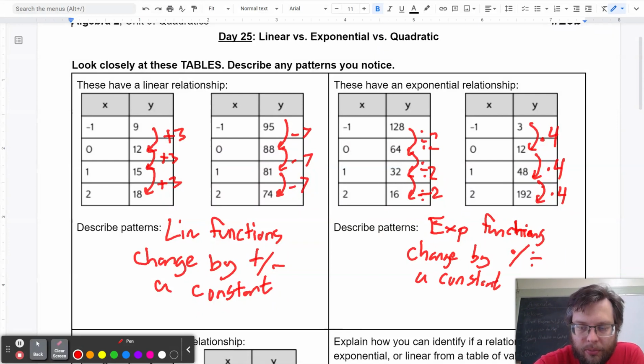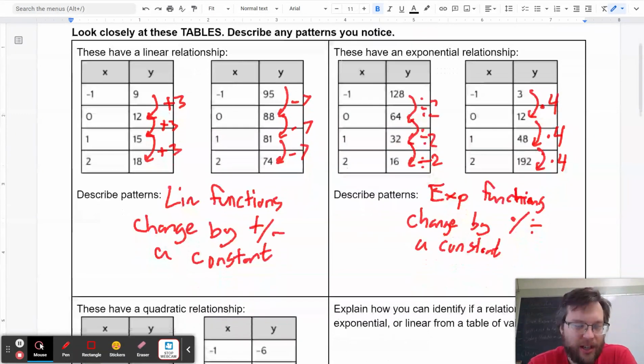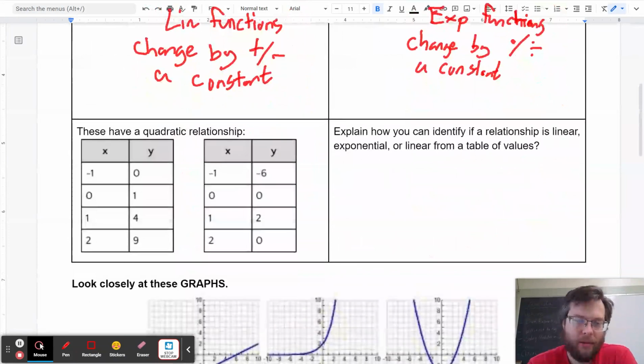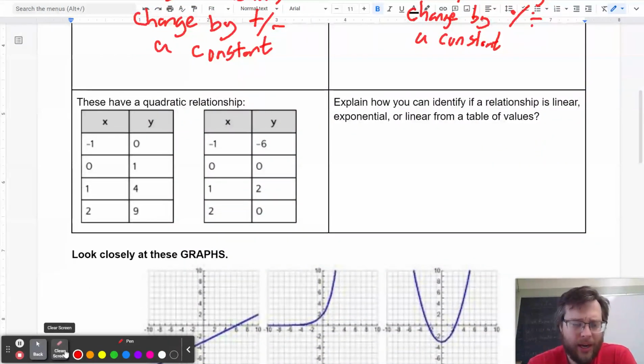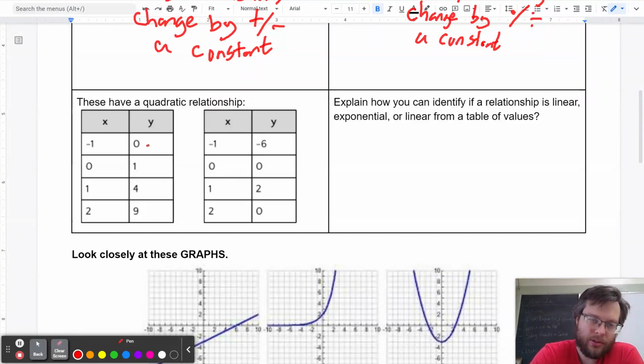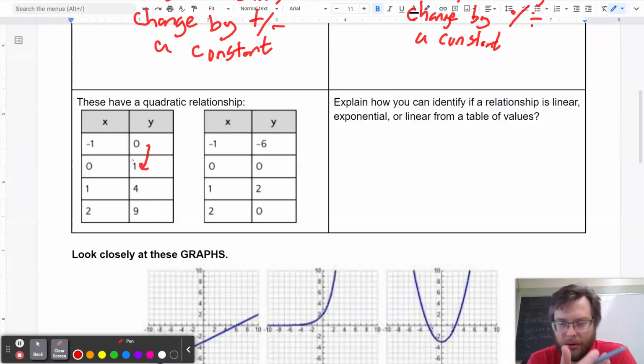And so up until this point, we've looked at things that all change by a constant. It's either adding or subtracting a constant with linear, or multiplying or dividing a constant for an exponential function. Now we have a new thing called a quadratic function, and the quadratic relationship is a little bit different. If I start with 0 here, there's no number that I can multiply by to make it turn into 1. So I already know it's not exponential, it's not a multiplication pattern, it's not a division pattern. So then I start thinking about adding and subtracting.